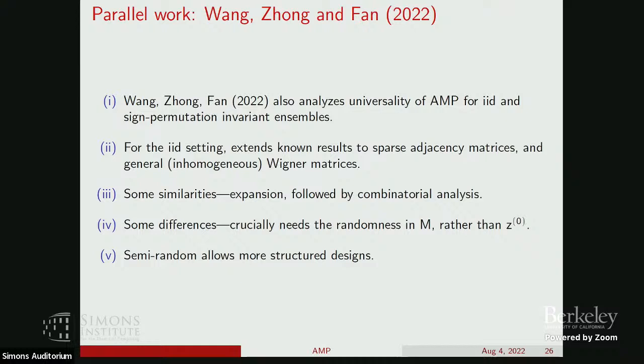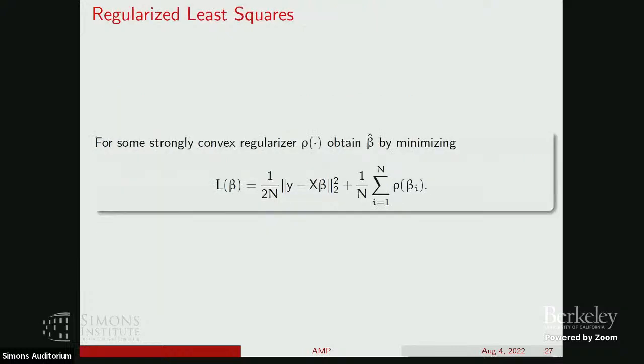But as an upshot, their combinatorial analysis can be a bit more streamlined. So I think these are two parallel lines of work, and I think it would be very interesting to see how they compare with each other moving forward in terms of when they can be used. So this is parallel work.